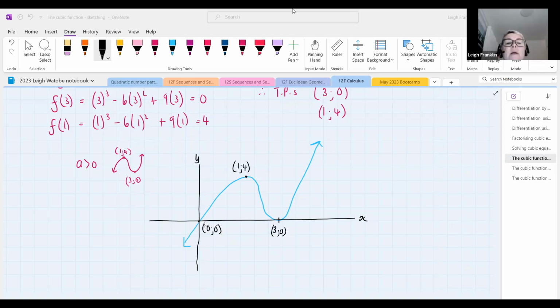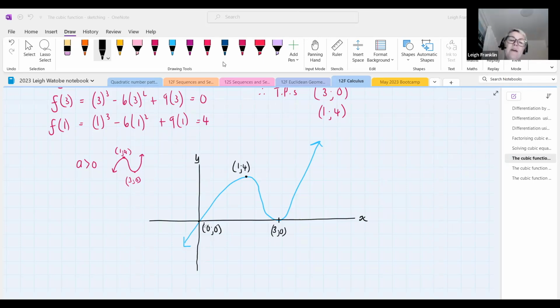All right. Let's just see who was next. Lindelwa? Ma'am, I would like to ask, the turning point where it says 1 and 4, and down there where it says 3 and 0, can it be vice versa, or is that the way it should be?